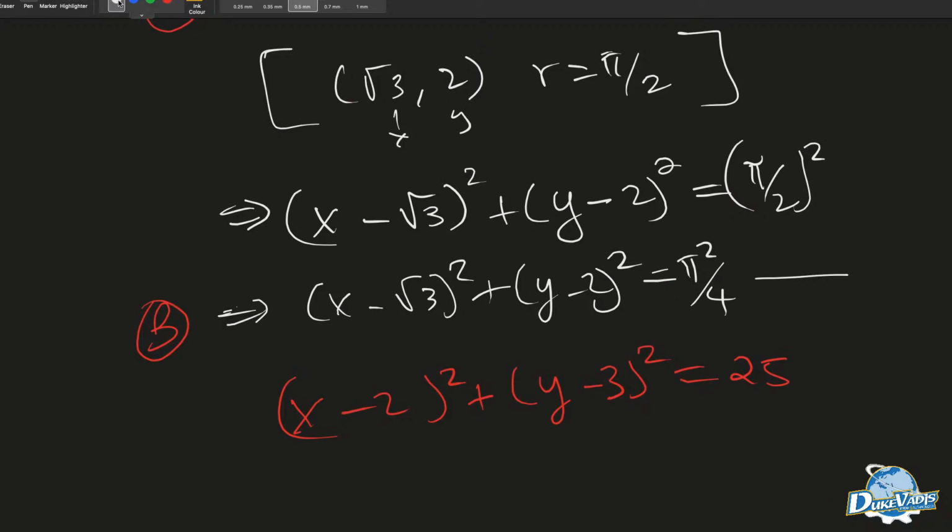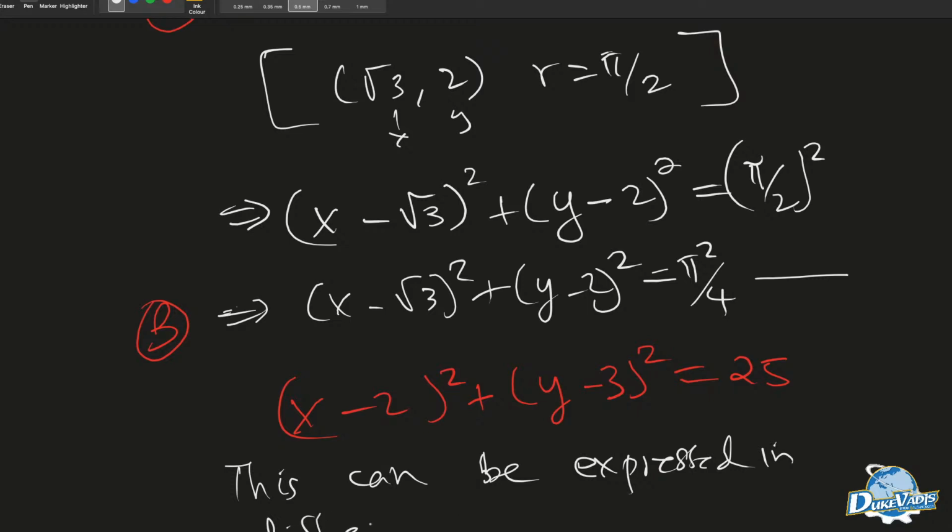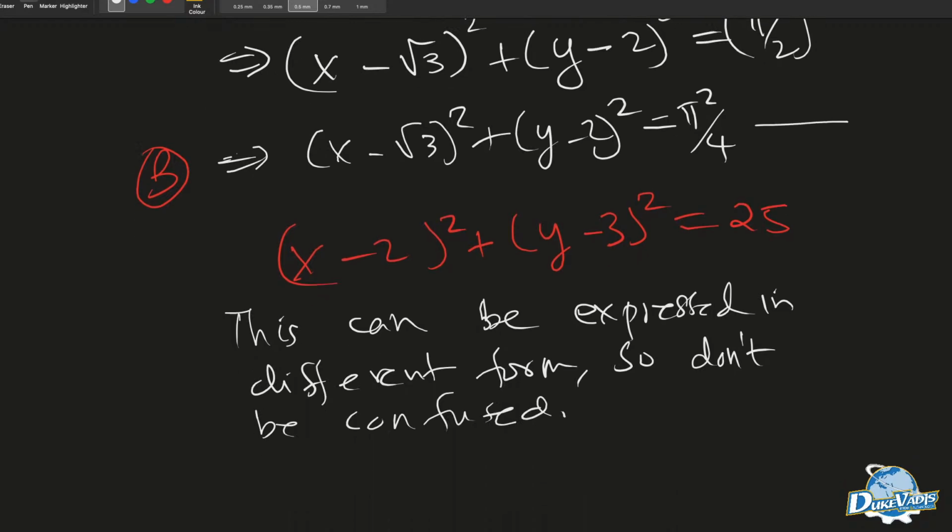But this can be expressed in a different form. So don't be confused when you see something of the sort.